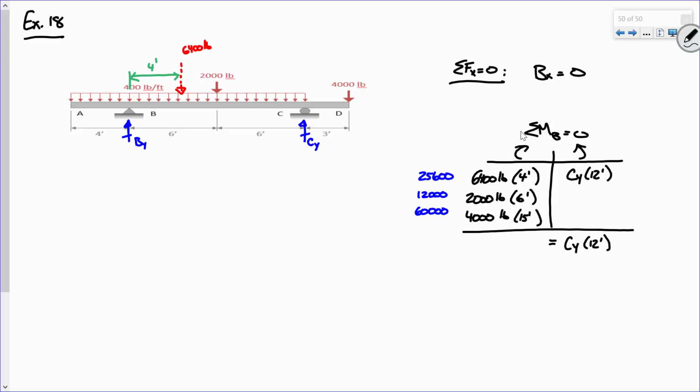So what do we got? 97,600. Did anybody else get that? You get that? All right. Yeah, because this one comes out to be 25,600, 12,000, and 60,000. So 97,600. What are the units?